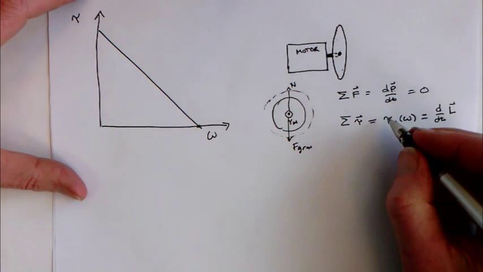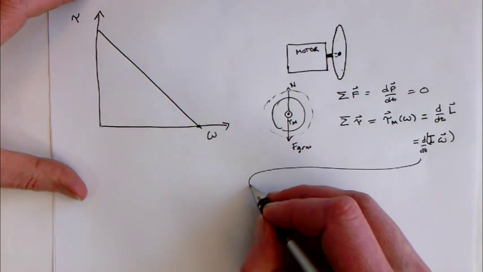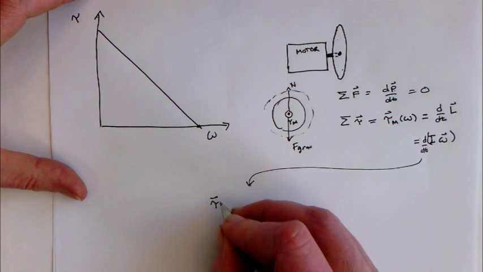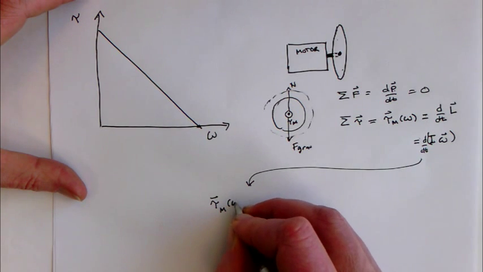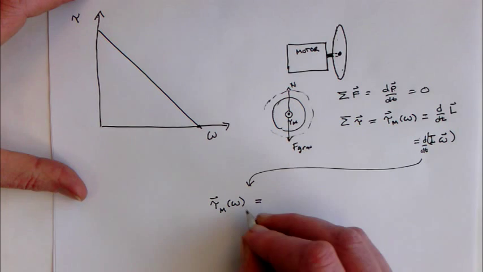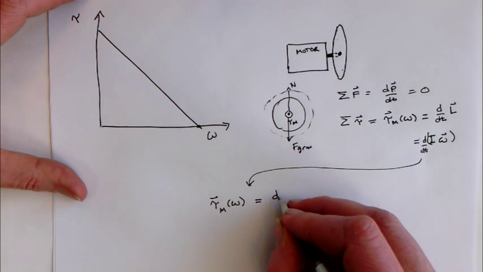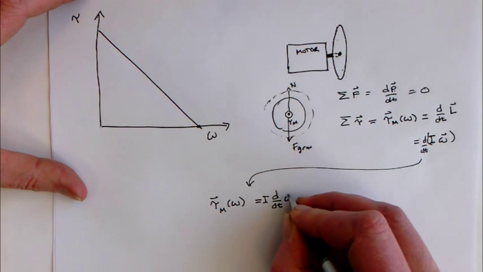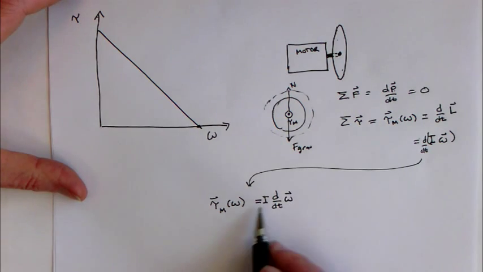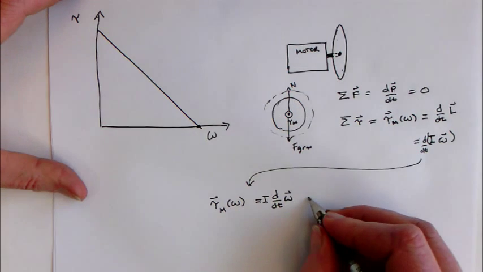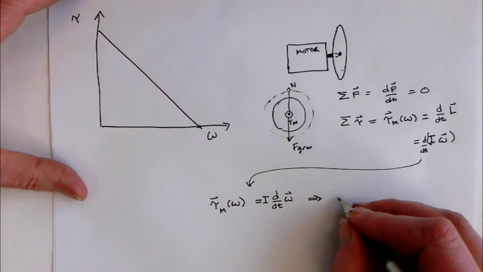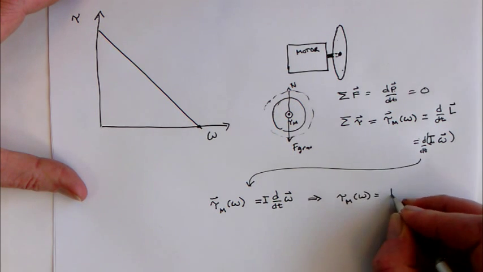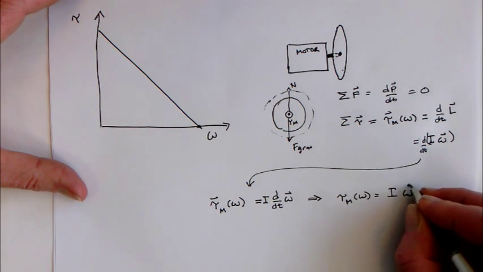So I end up with a differential equation that describes the time evolution of the system: the torque of the motor depends on the current value of omega, and that tells me in turn the time rate of change of omega. Both of these are in the k-hat direction, so I could simplify and write this as a scalar equation. The torque of the motor as a function of omega is I times omega dot.